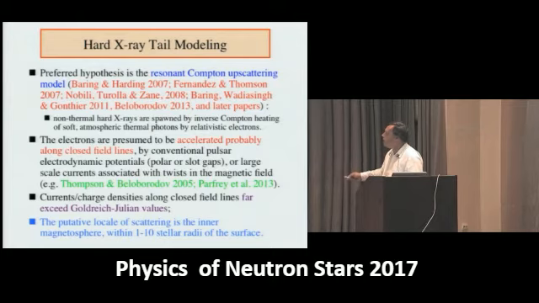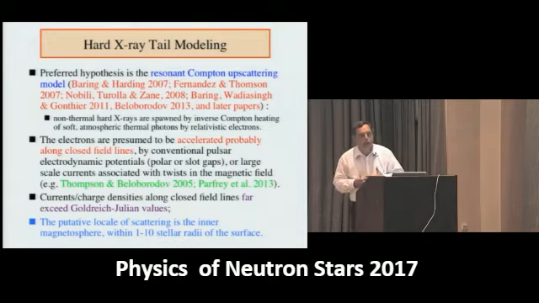It's really the large-scale currents associated with twists in the magnetic field, with magnetars associated with the closed field line regions or maybe neighboring boundary quasi-open field line regions. But let's think about the closed field line regions in the equatorial regions. The currents and charge densities along these field lines have to be far in excess of the Goldreich-Julian values.